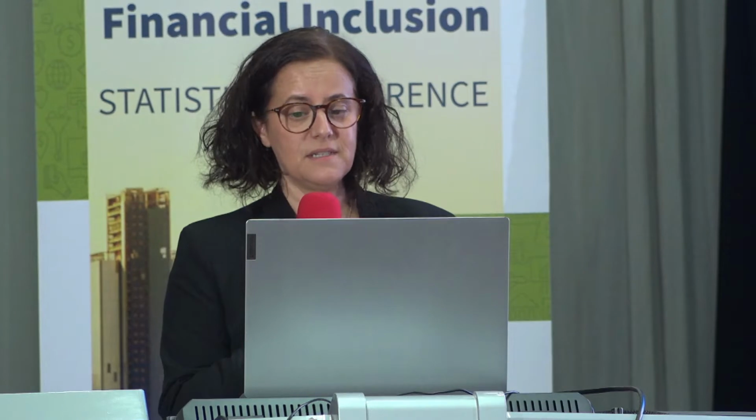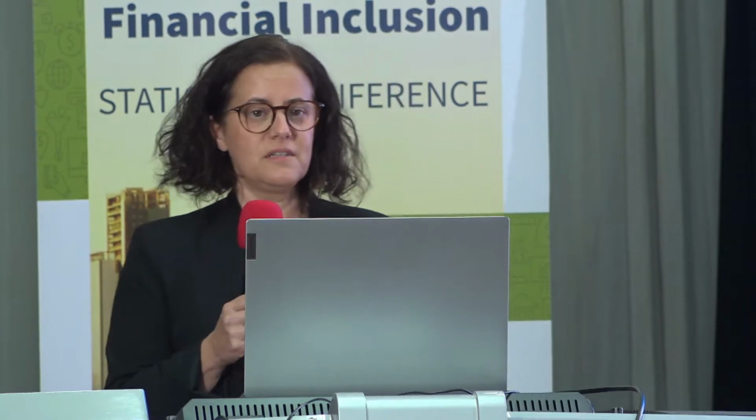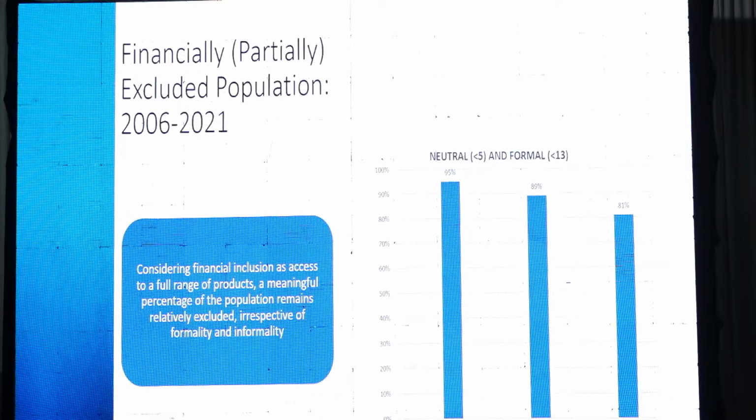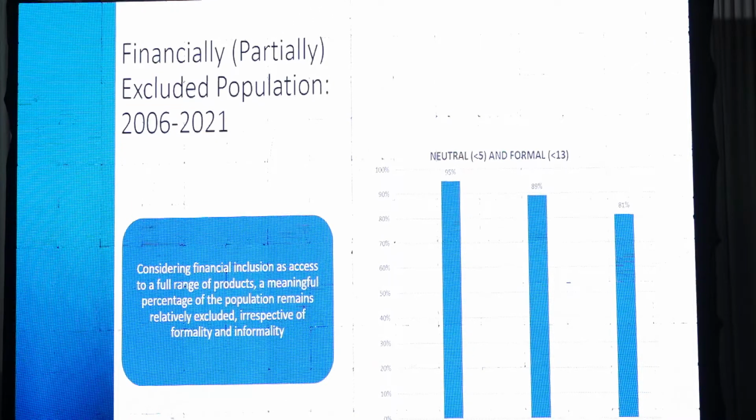And we have set a threshold at 13, which is the score that an individual obtains if she has one formal account and two other formal products, like a loan from a formal financial institution or a saving product.